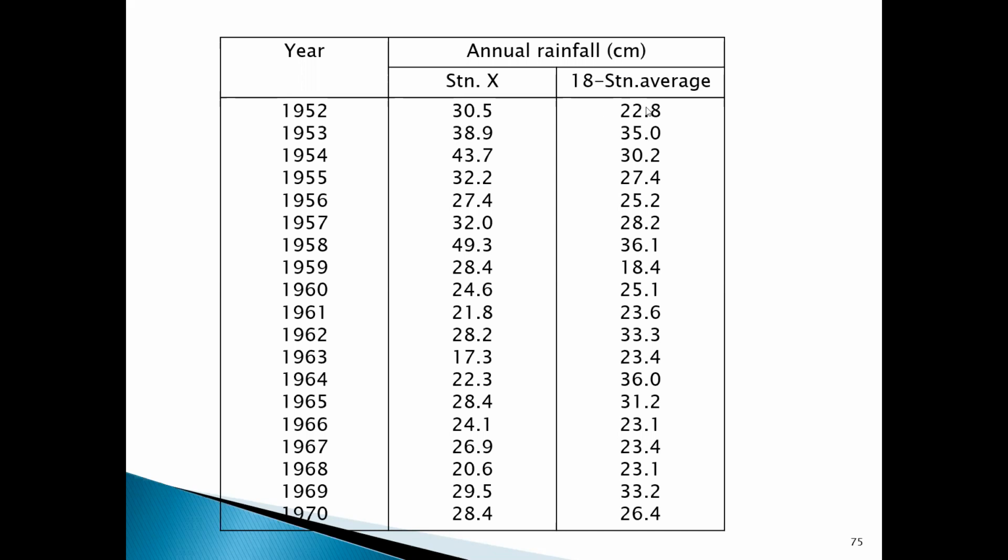Now, we have to identify the year in which the change in the environment has occurred at this particular station X. This can be done using the double mass analysis. So you have to plot a graph of the cumulative values of rainfall at station X versus the concurrent cumulative values for the 18 surrounding stations.